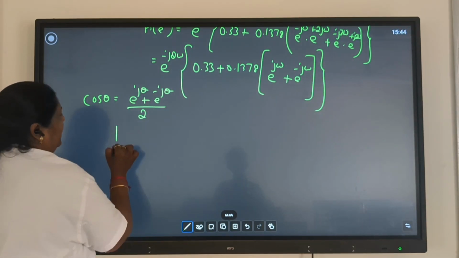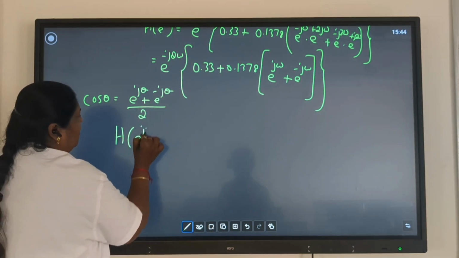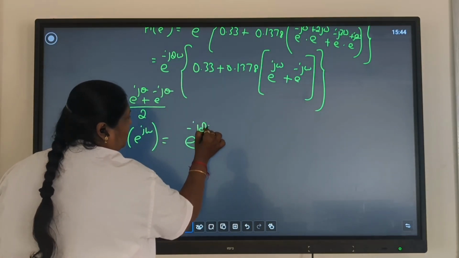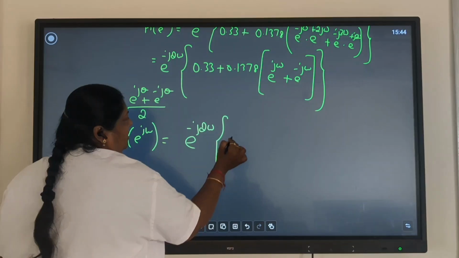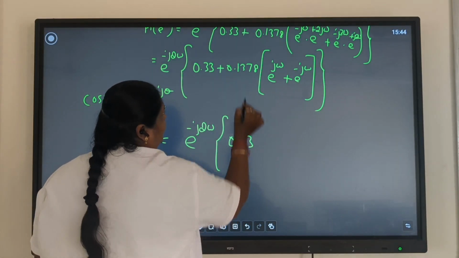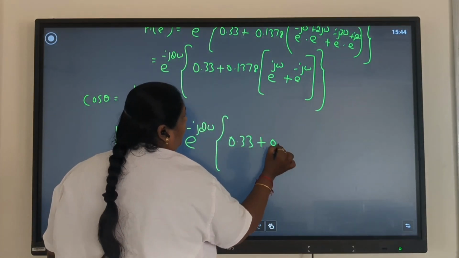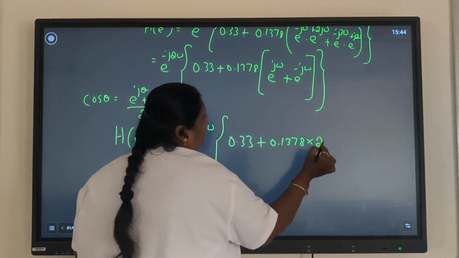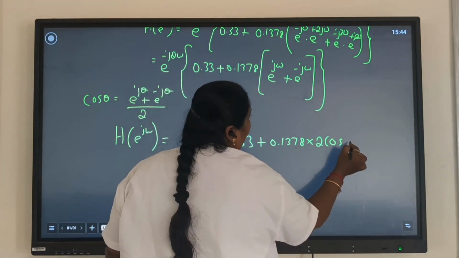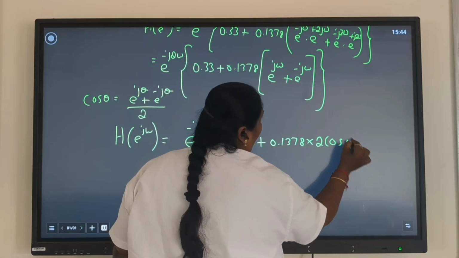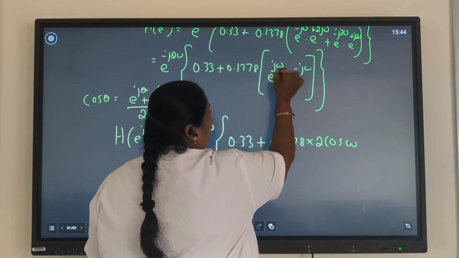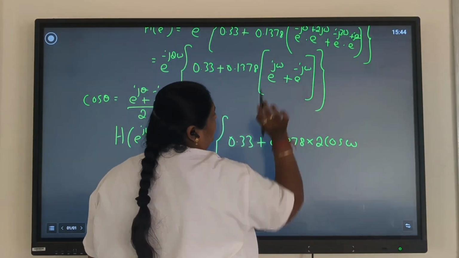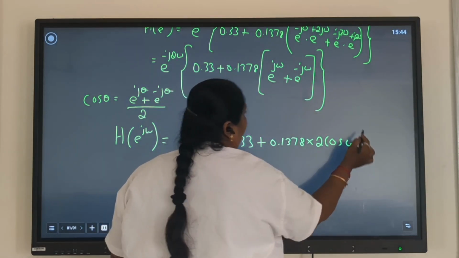So my H of e power j omega will be equal to e power minus j 2 omega times 0.33 plus 0.1378 times 2 cos omega. e power j omega plus e power minus j omega can be written as 2 cos theta, where theta here is omega.